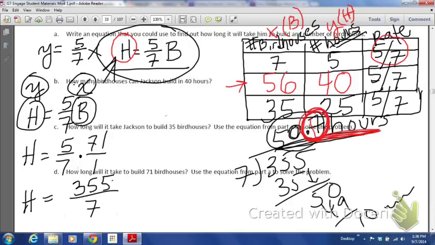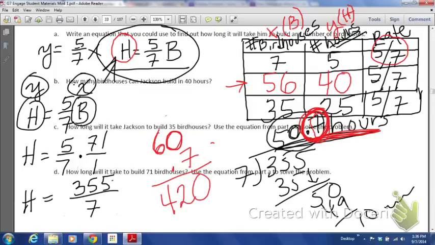We have 60 minutes in an hour, and then to find 0.7 of an hour, we multiply that times 0.7.